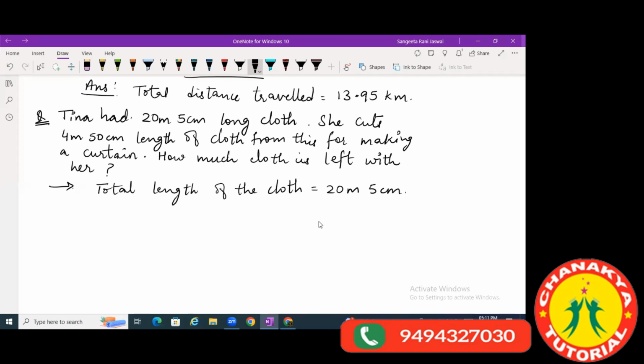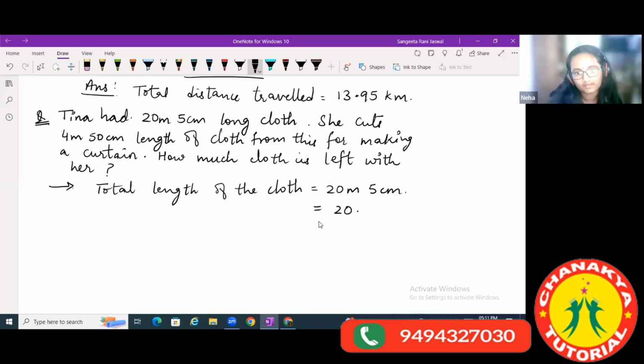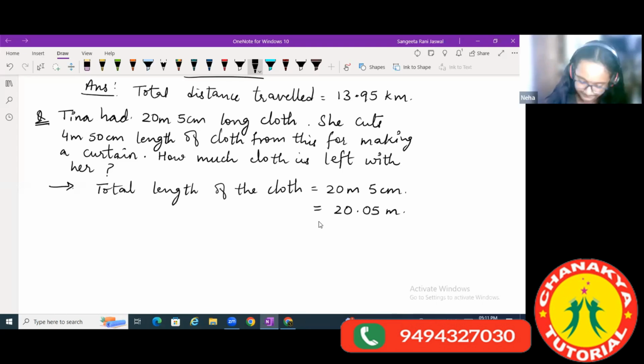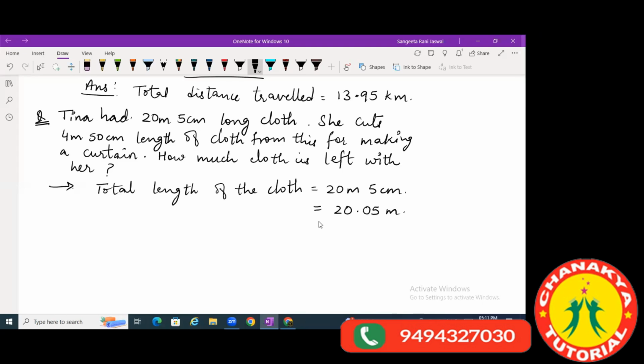Now, if I have to convert this to meters, then what will I do? Tell me, children. This will be 20.05 meters, not 20.5. Yes, ma'am. So the total length of the cloth will be this many meters.